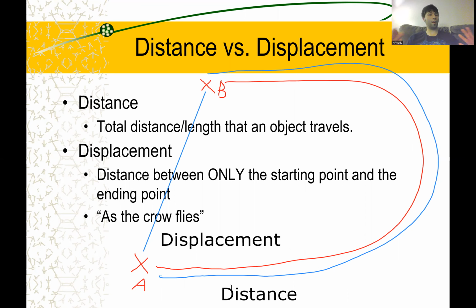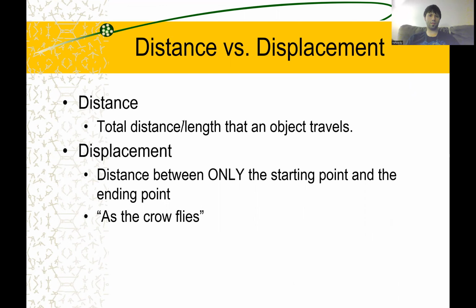Now let me give you one more example. Let's just say, for the fun of it, here's point A and here's point B. And let's say that you just walked straight across in a straight line.